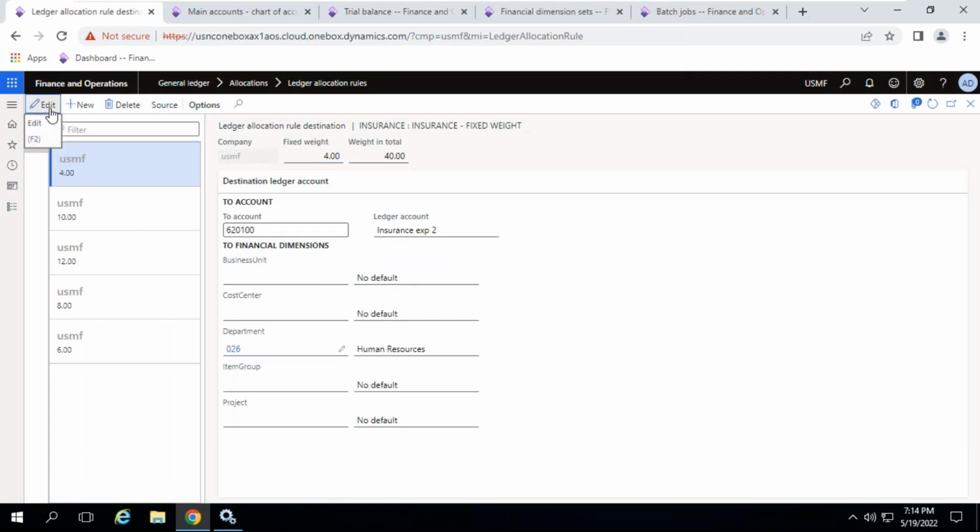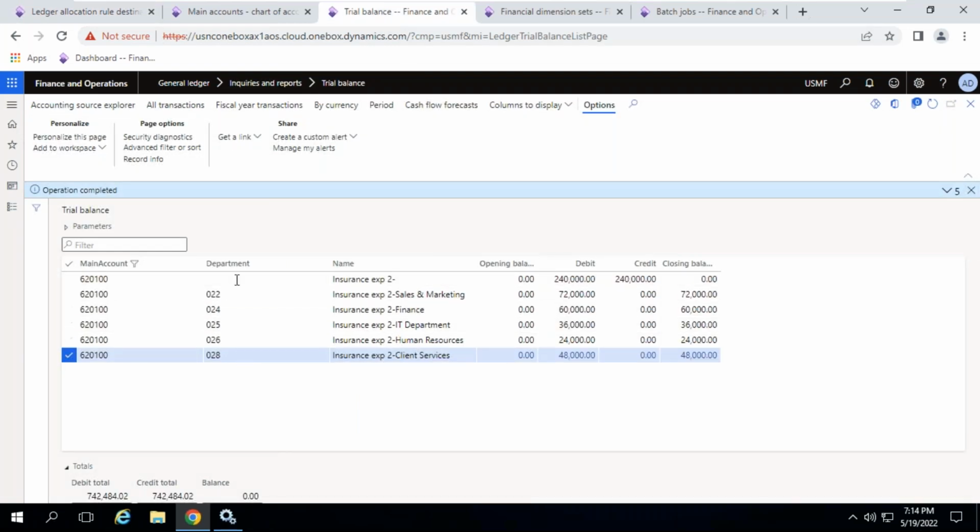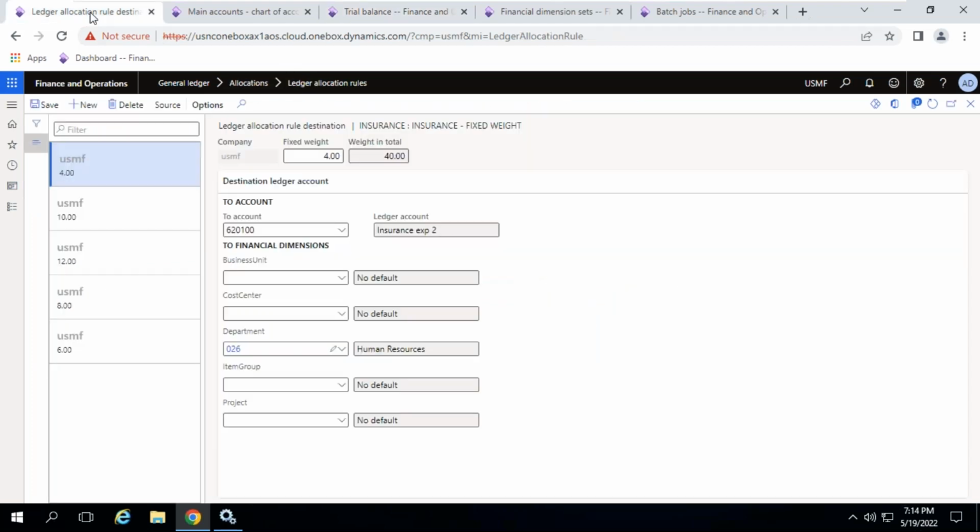You can select department with business unit, department with cost center, any combinations you can do. Then those combination balances will be affected or allocated in the expenses. Is it clear? Anyone has any questions? The expenses are allocated between the departments, not only departments. Here you can allocate to any combination of dimensions.